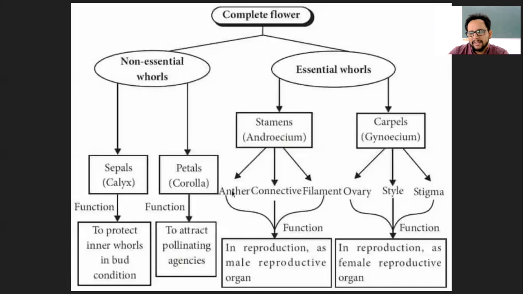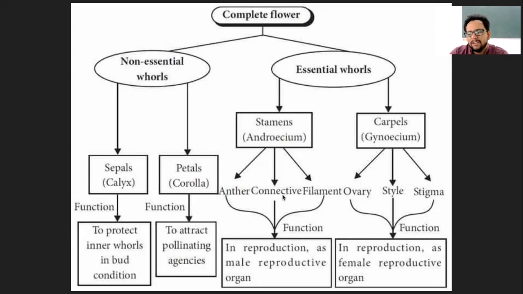And stamen has 3 different parts. Sepals and petals do not have any subparts. They are just present as one single unit, and they just vary in size. Stamens have 3 parts: anther, connective, and filament. But you can simply say anther and filament, that is perfectly fine.